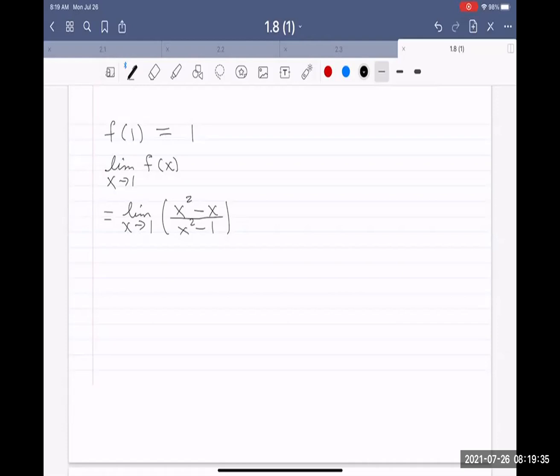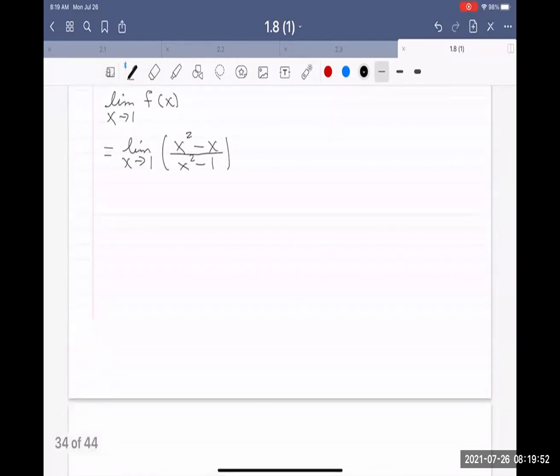So you plug in 1 and you get 1 squared, which is 1, minus 1 is 0. You look at the denominator, 1 squared is 1 minus 1 is 0. So 0 over 0, do more work. So I have to do more work here.